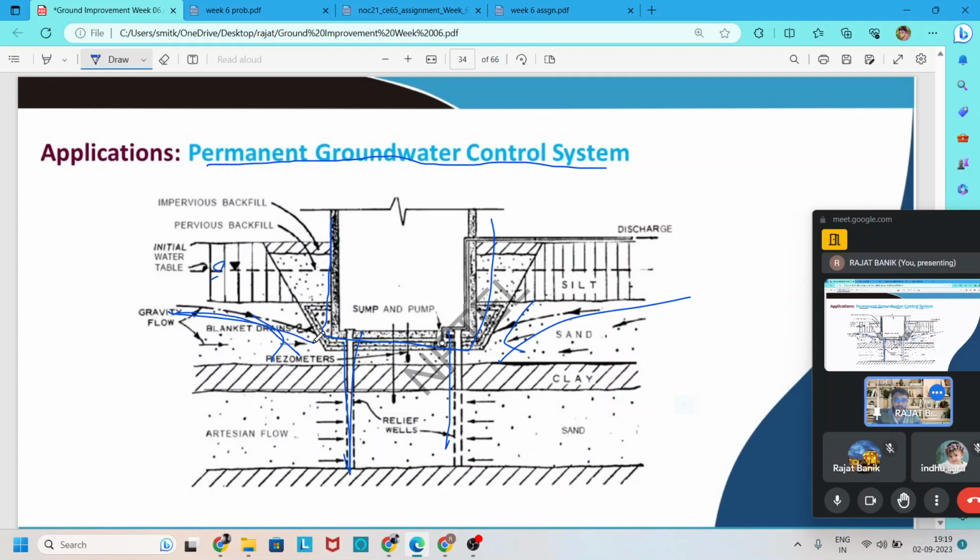After that, the water table is lowered up to that much depth, and continuously the water is expelled from this side through a pump, and due to this continuous effect the groundwater table is maintained at a lower depth.